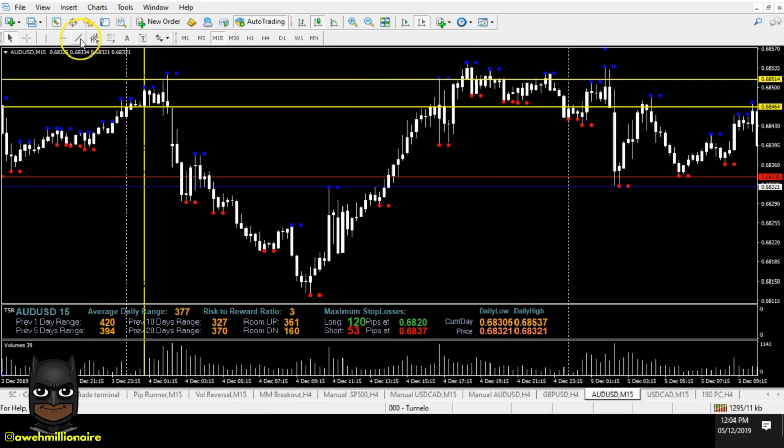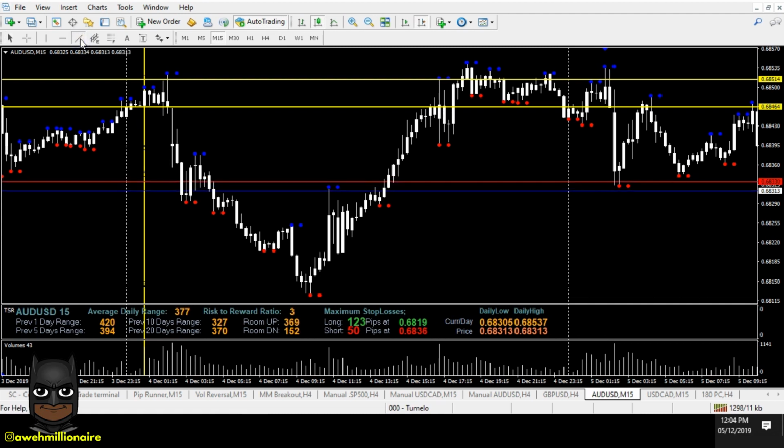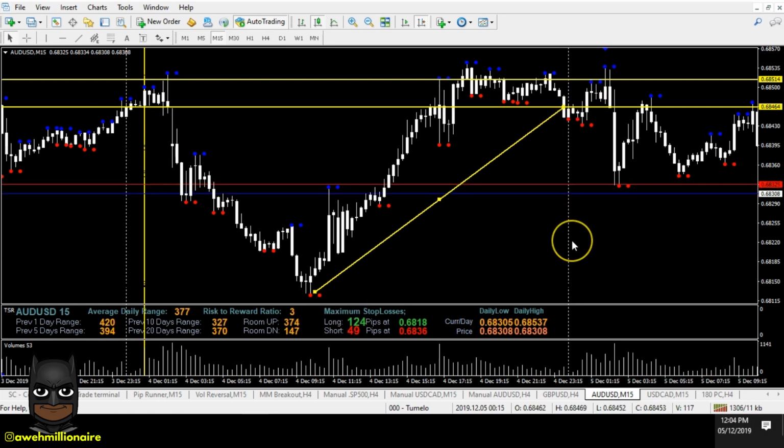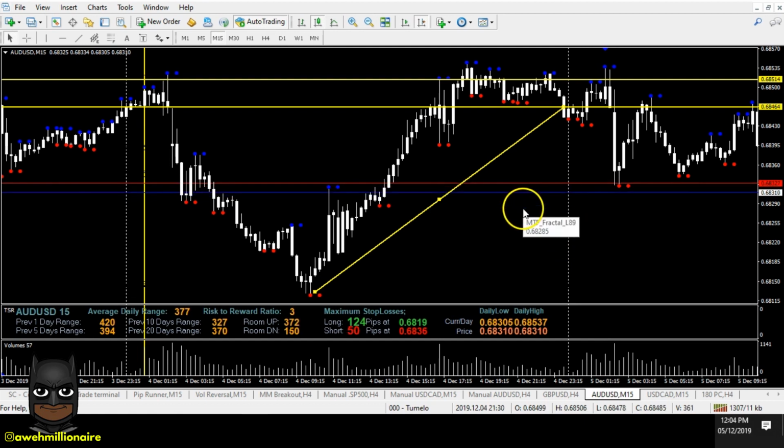But back to the analysis. We know exactly where the smart money is, and secondly, we also know exactly where the dumb money is, because right before the high impact news was released, price went up to test the supply level. So we already know where the dumb money is and what the dumb money is thinking.